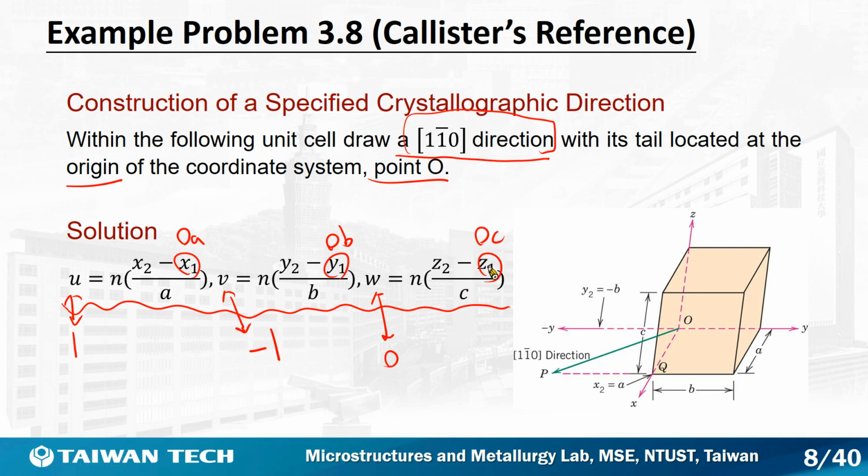Okay, so z2 must be 0c. y2 must be minus 1b. x2 must be 1a. So we need to get for the locations, and the location is 1 and minus 1 and 0.